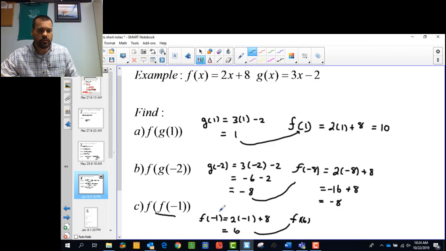So f of minus 1, we find that first, and then we're going to do f of that value. So f of 6 becomes 2 times 6 plus 8, and that's 12 plus 8, which gives me 20. So my answer is 20. Okay, and we'll just put a box around each of our answers. But the process is the same each time, and I think you can see that.